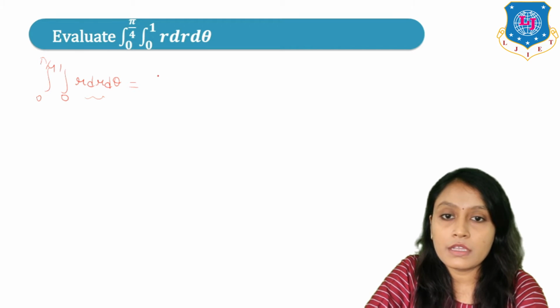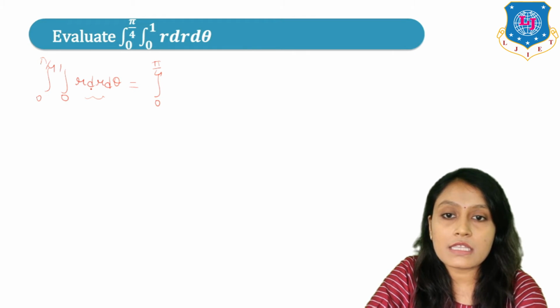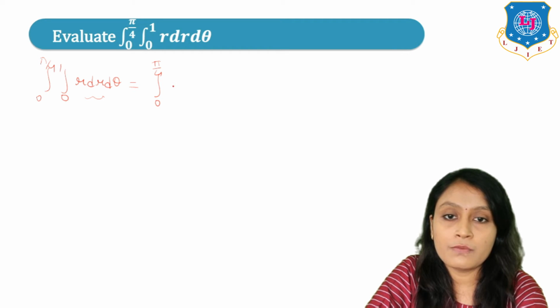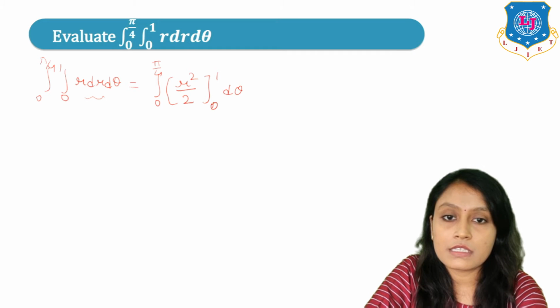So just write down the integration 0 to pi by 4 as it is, and integrate r with respect to r, so you will get r square by 2 with limits 0 to 1, and d theta will remain as it is.